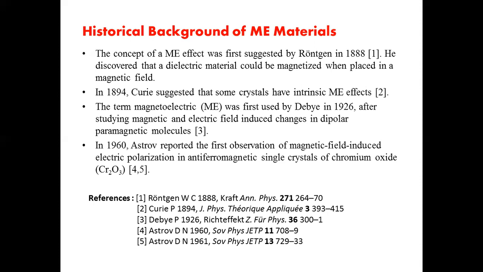And in 1894, Curie suggested that some crystals have an intrinsic ME effect. That means by origin, because of their crystal structure and because of the presence of different metal ions in a material, some materials have the intrinsic, original, genuine ME effect.